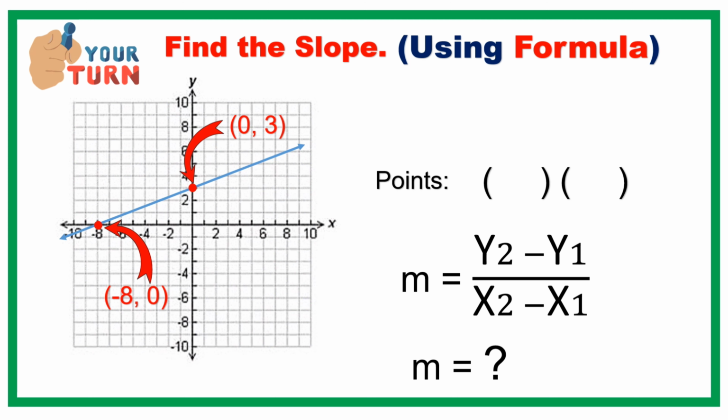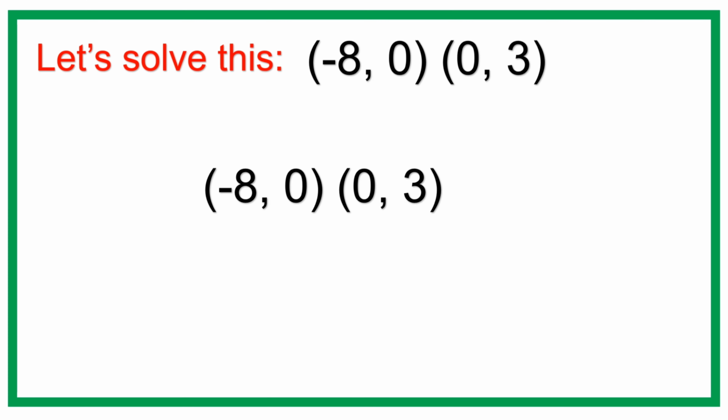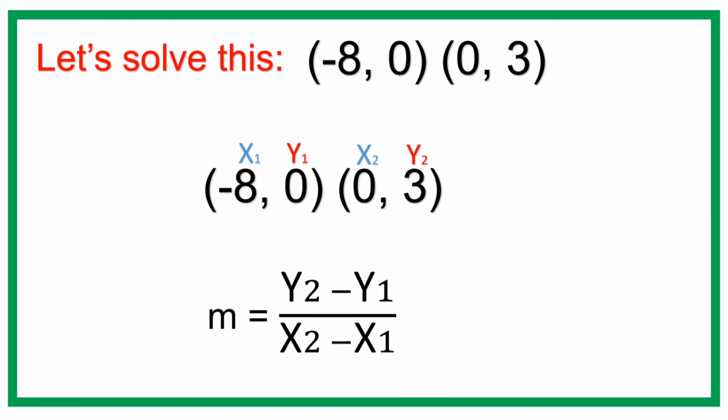Okay, let's solve this easily. First, again, we have the following points. Let's write it like this so we can easily label them: x1, y1, x2, y2. And substitute in the formula: y sub 2 minus y sub 1 over x sub 2 minus x sub 1.